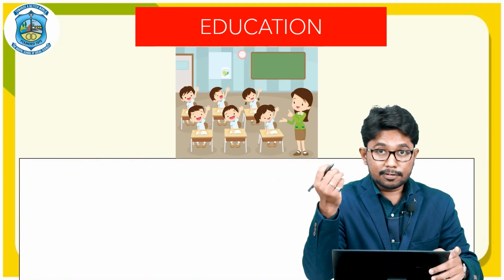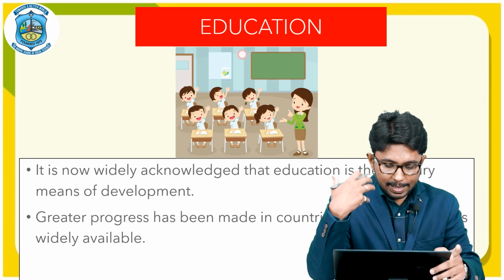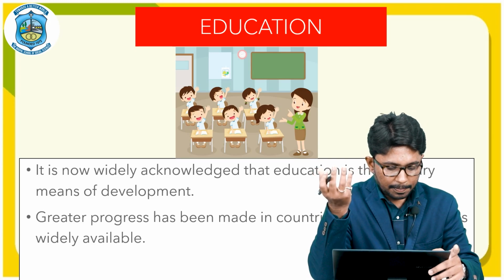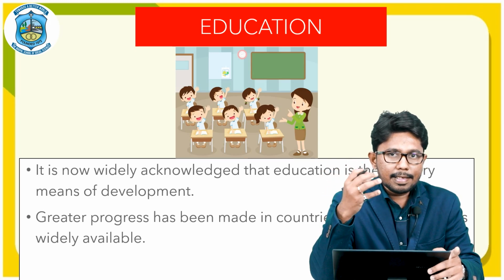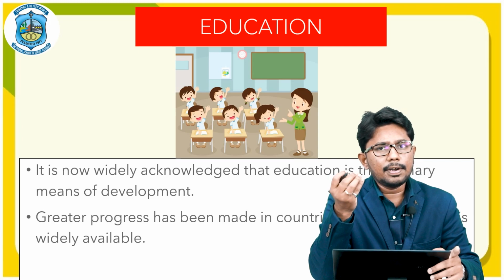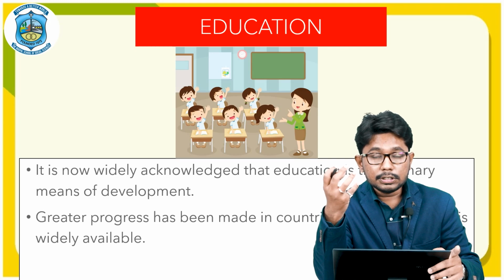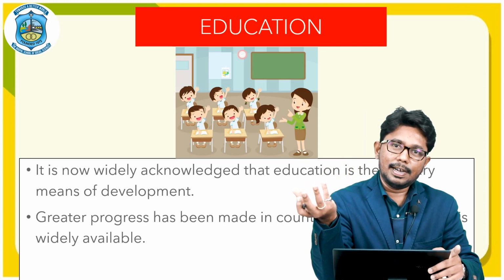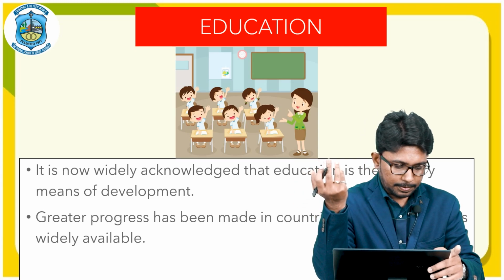The last but not the least is education. It is widely acknowledged that education is the primary means of development. If we increase investment in the education sector, it will definitely bring new ideas, new technology and new entrepreneurs to society, and as we discussed, it will increase development.